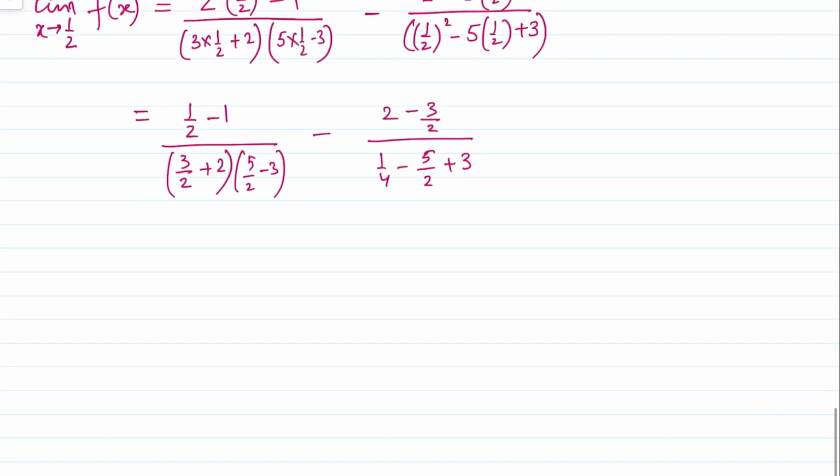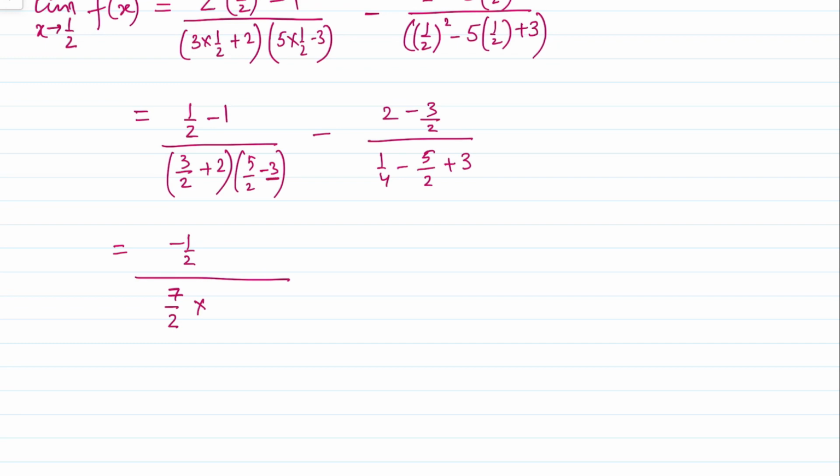Now it's a beautiful question to solve the fractions. If you are good at fractions, amazing, it'll be really interesting for you to solve that. But if you are struggling, you can use your calculators as well. Half take away 1 is minus half. 3 over 2 plus 2 will be equal to 7 over 2, times 5 over 2 minus 3.